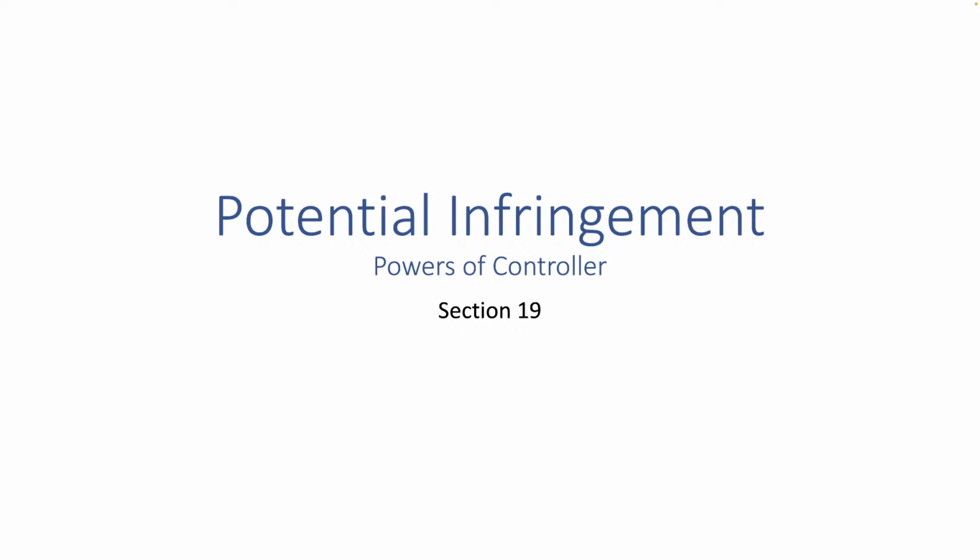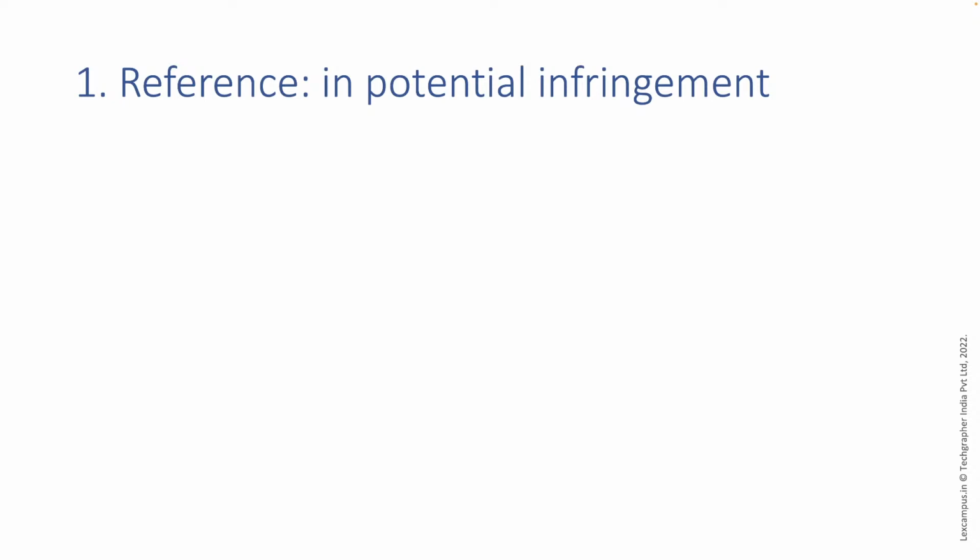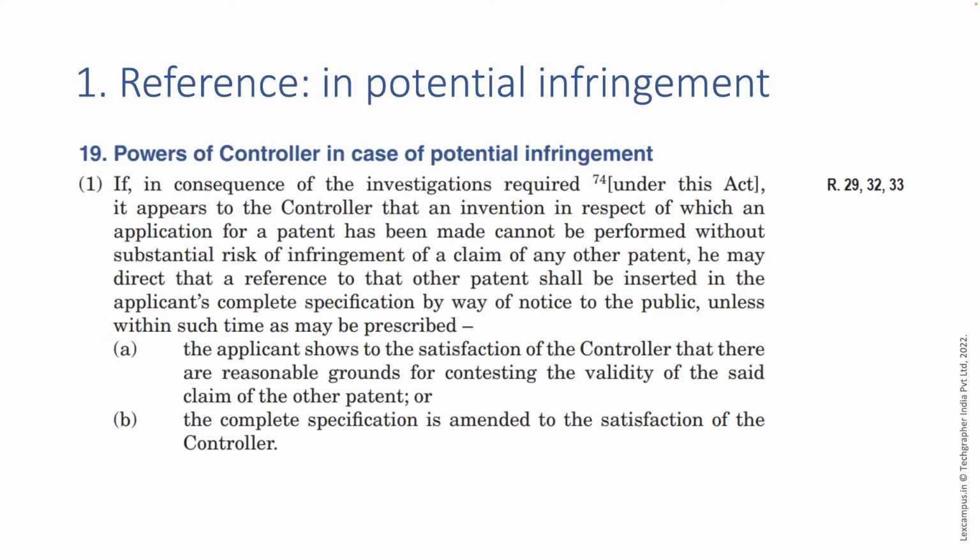Potential infringement, powers of controller. Now under Section 19, one of the powers that the controller has is to make a reference in case of a potential infringement. Now we get it in Section 19, and you can see the relevant provisions on the margin, Rule 29, 32 and 33.